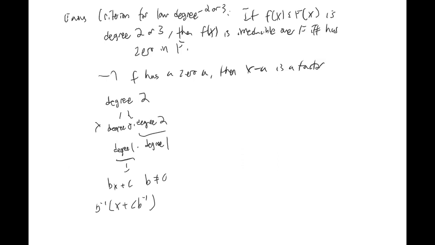So that means you have a 0, and the 0 is c over b. Sorry, did I do this correctly? Hold on. No, what am I doing? Okay, factor out b. This looks more correct.